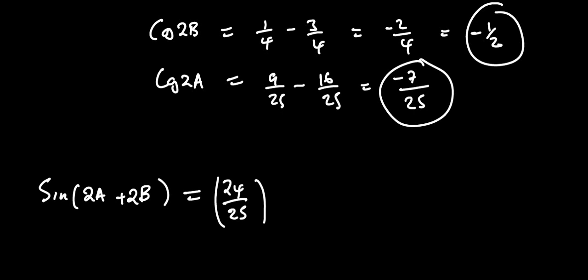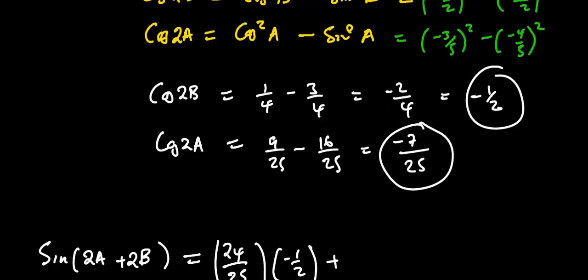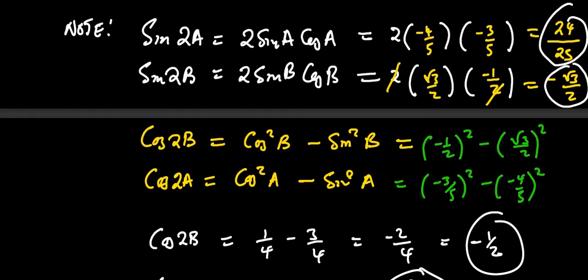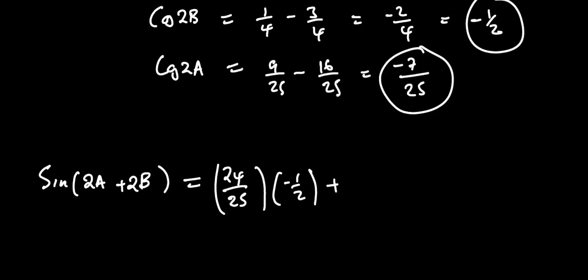Then cos 2B is negative 1 over 2. Then plus sine 2B, so sine 2B is negative root 3 over 2. Then cos 2A is just negative 7 over 25.